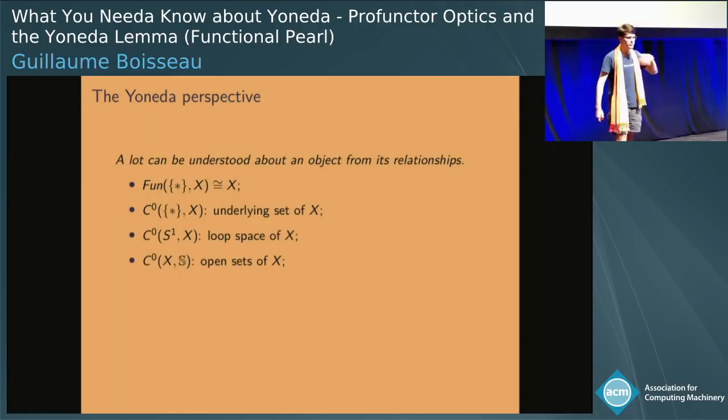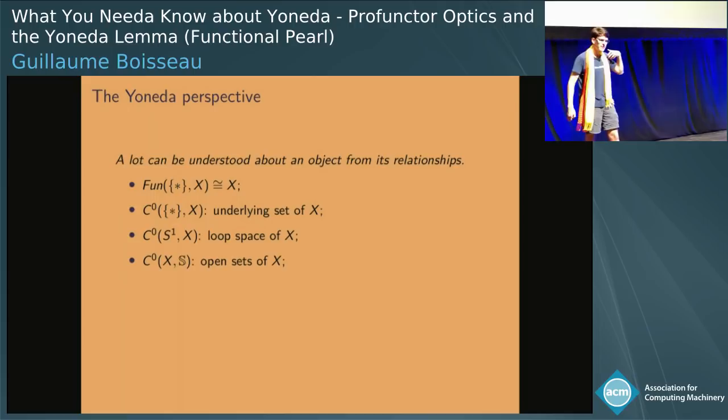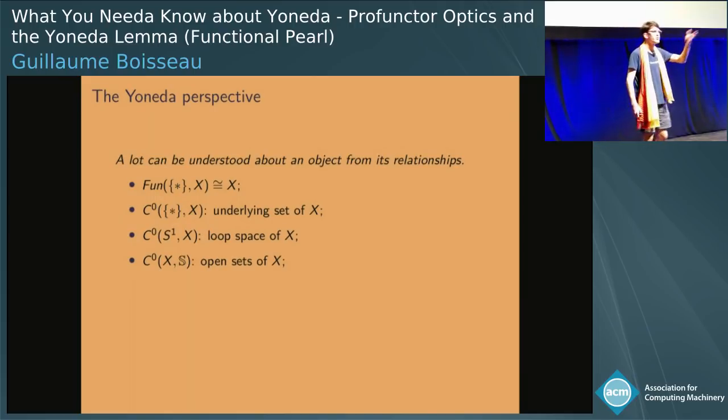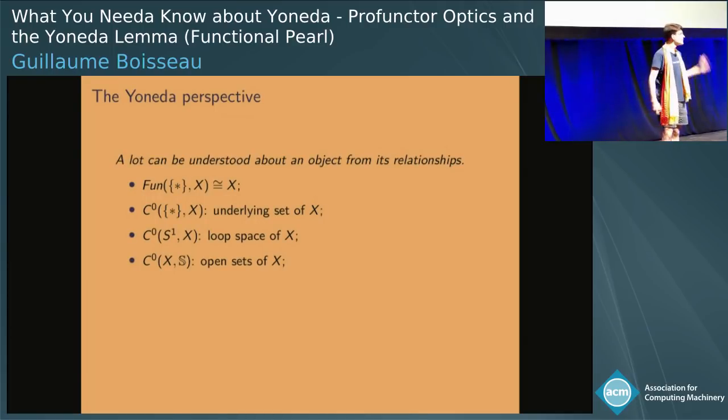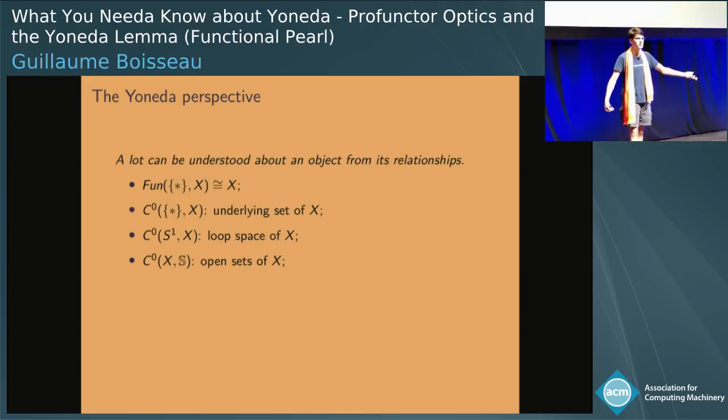So I could probe X with other things, look at maps from, for example, the circle to X. If you know what it is, it's the loop space of X. And there's a particular space called the Sierpinski space, and any map from X to S gives me the open sets of X. And it turns out that from this last info and the first one, I can reconstruct X itself. That's quite interesting. With just the set of maps relating to X, I can reconstruct the entirety of X.